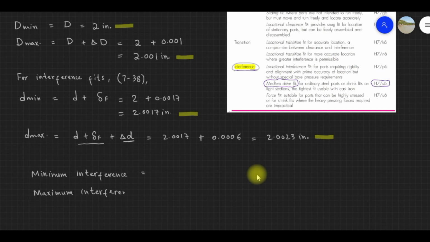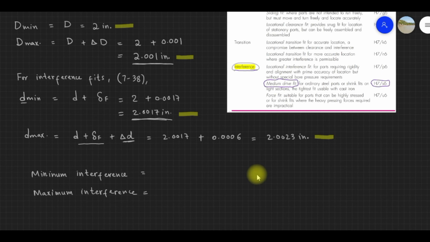And for that, before even going into the calculation, we can already observe that the maximum size of the hole is this one, 2.001 inches, and we can observe that even the smallest shaft, D minimum, here is of the size 2.0017, which is larger than the hole.